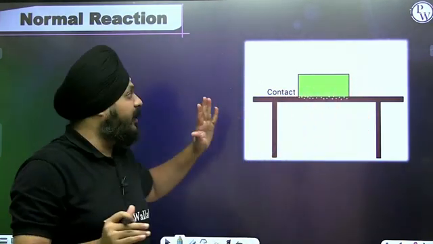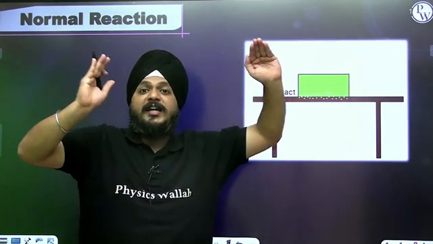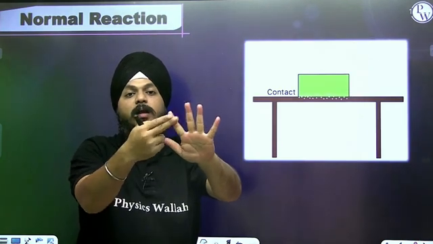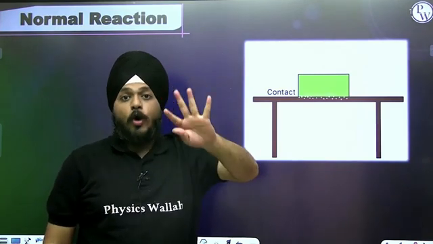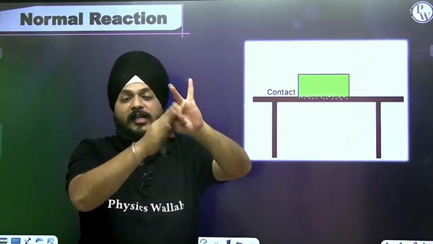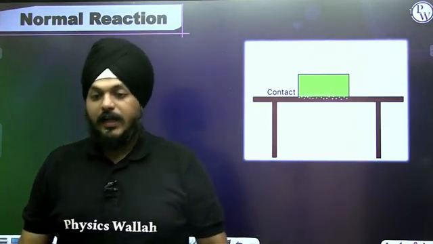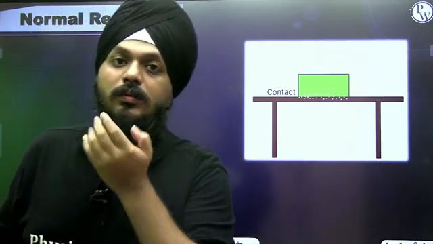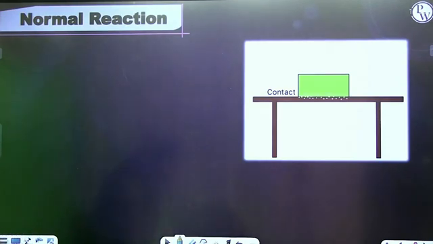From now onwards, from the equilibrium of forces, the entire chapter is about 5 to 6 forces: mg, normal, tension, friction, pseudo. Just 3 more forces: tension, friction, pseudo, and the chapter is going to get over.